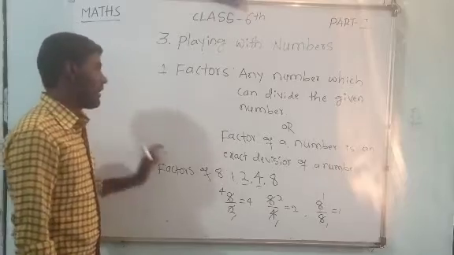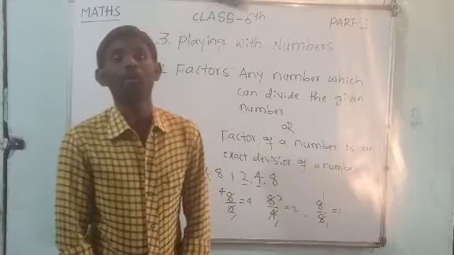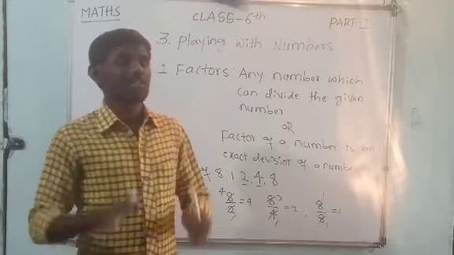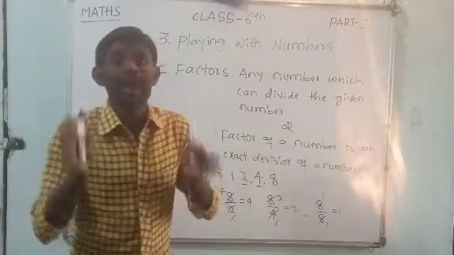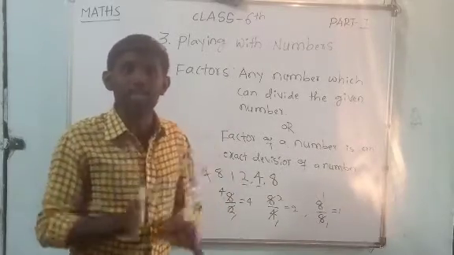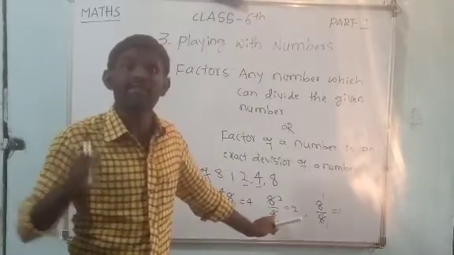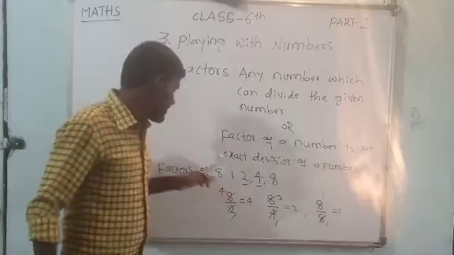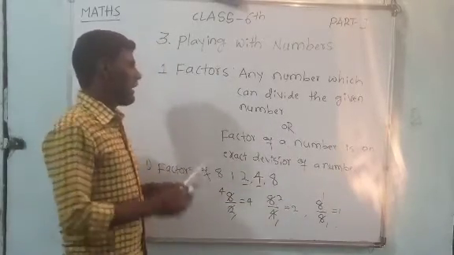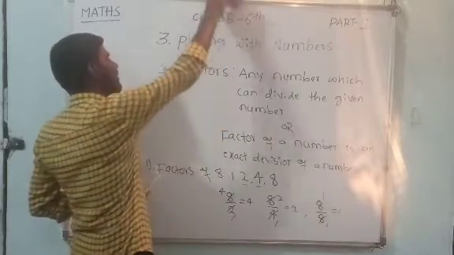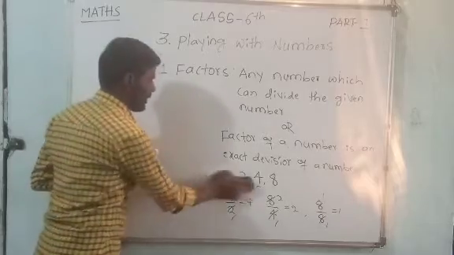So 1, 2, 4, 8 are the factors of 8, because these numbers can divide the number 8. I think this is clear. I will give more examples for this one. I want to make it clear.